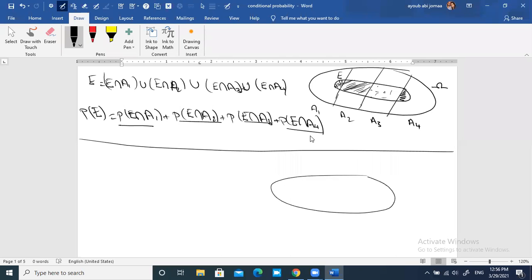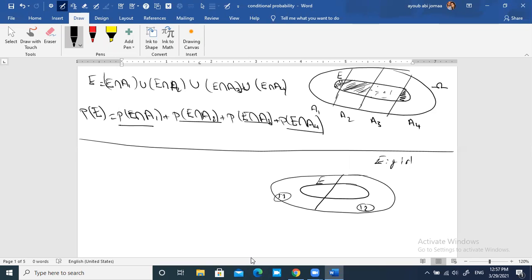The sample space is the number of students, divided into two: the students of grade 11 and the students of grade 12. And here we have this event E, which is the student is a girl. The student is a girl, divided into two: girl of grade 11 and girl of grade 12. This event is divided into 2 parts.